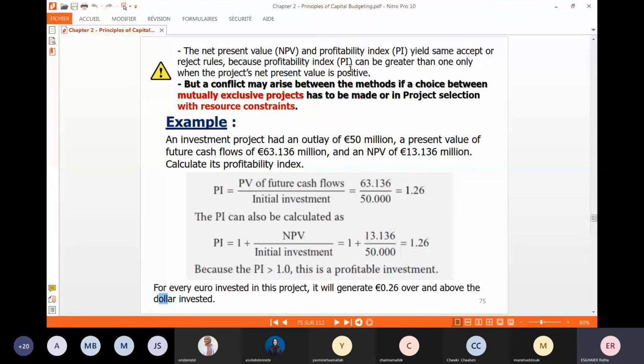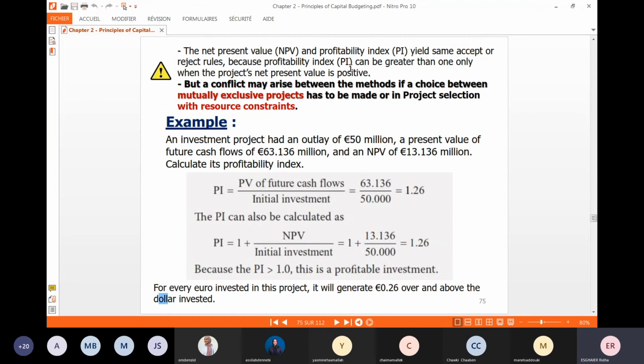If you need to choose only one project and the initial investment is not the same, the use of the profitability index can mislead us. But this profitability index is very helpful when we need to make an investment in independent projects with limited resources.